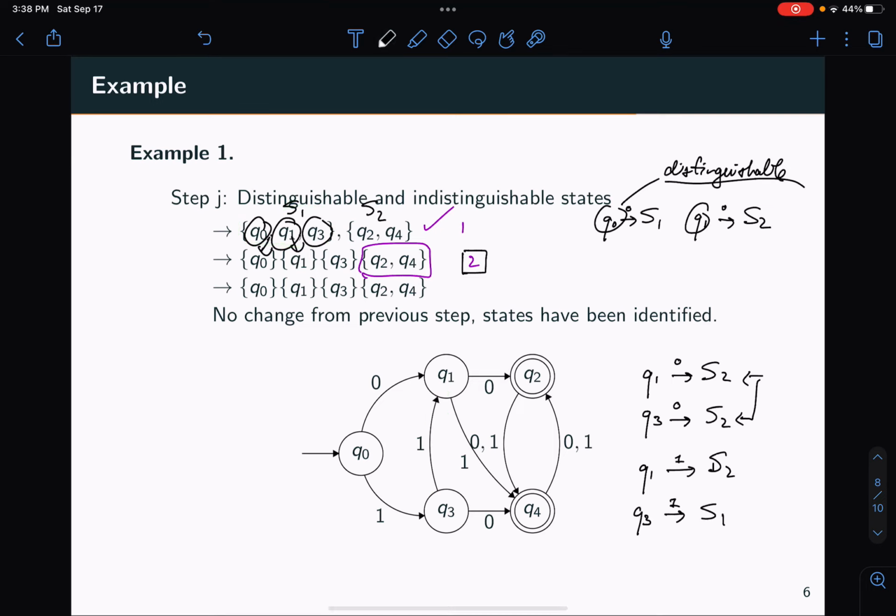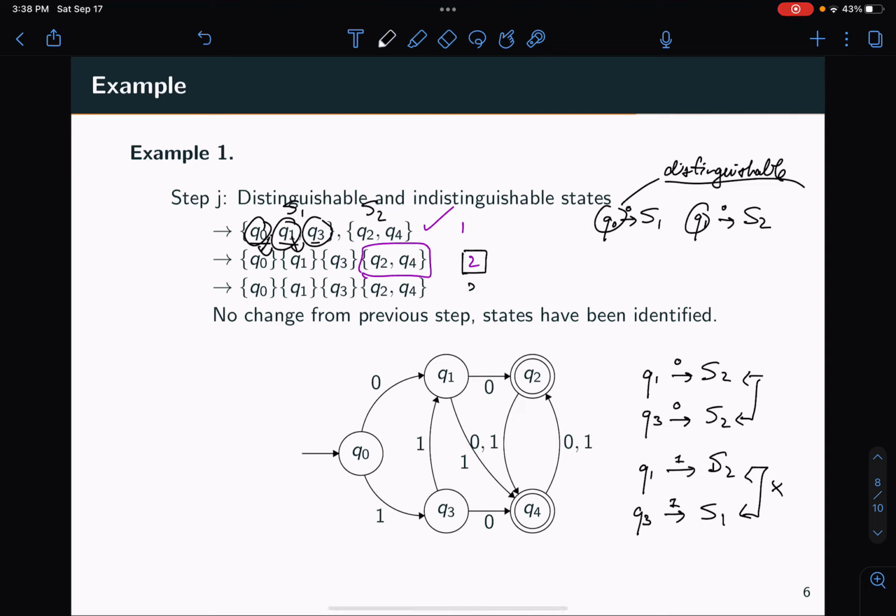So these guys are different. That means that Q1 and Q3 are distinguishable. So each pair of states here is distinguishable, and so they go in separate partitions.